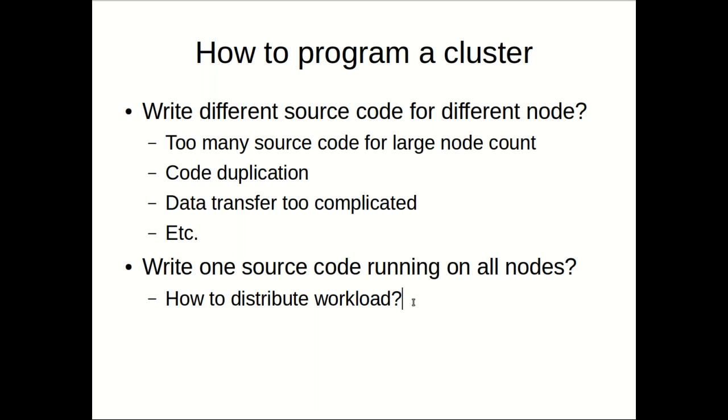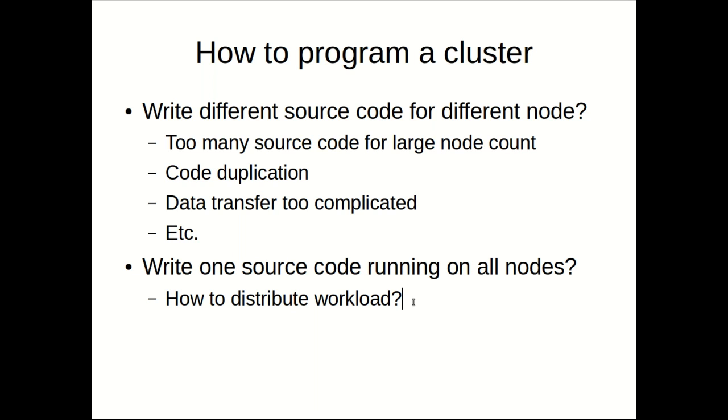All the nodes are looking at exactly the same source code. So how can we distribute the workload? Isn't that a problem that we have to solve, right? Because every node is going to be executing exactly the same set of source code. So how do we partition work among all those different nodes, right?